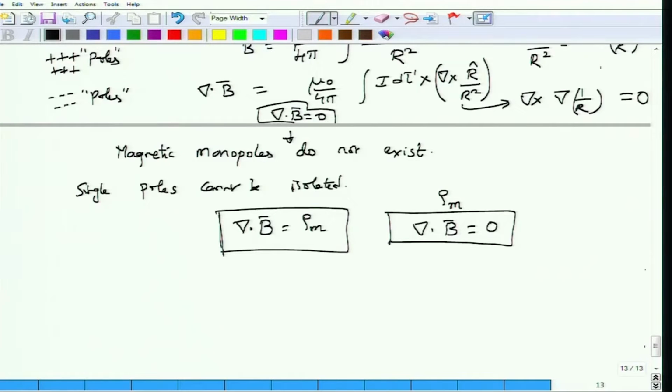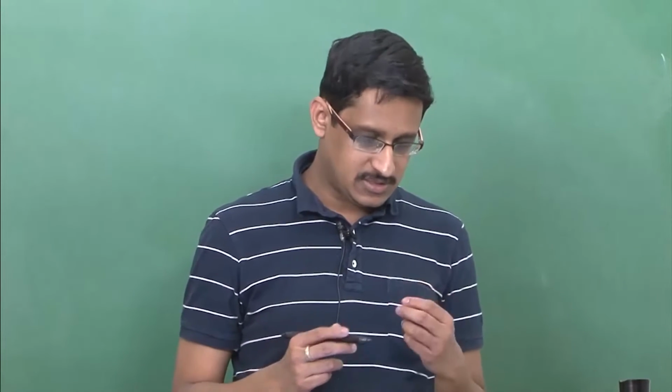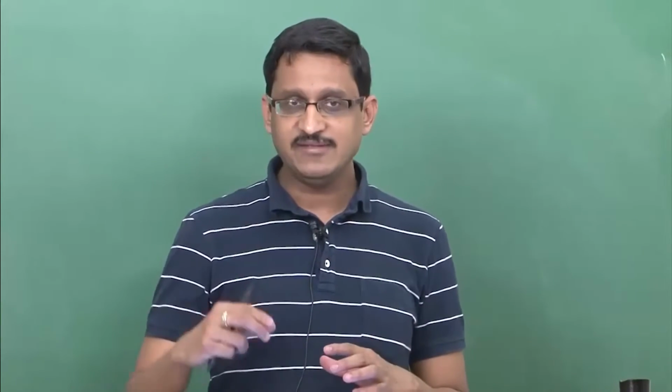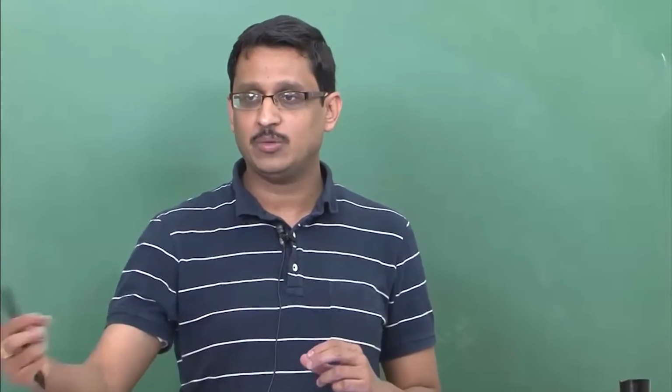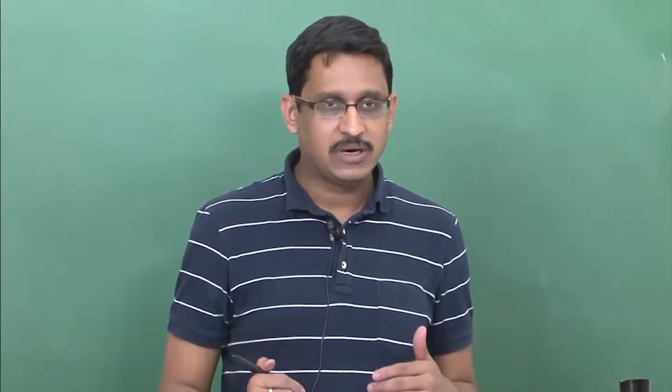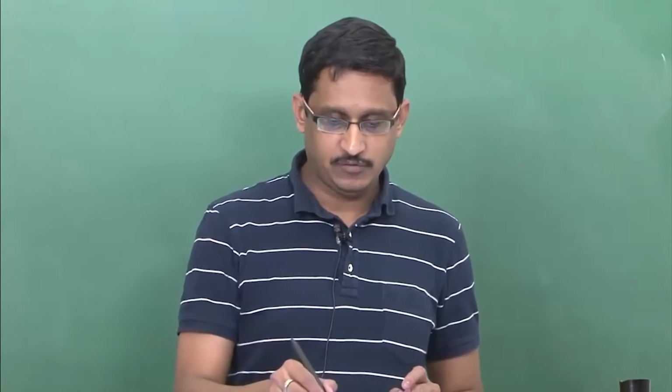As a mathematical tool, sometimes it is advantageous to include this magnetic charge. In some of the literature you would find people using this magnetic charge because it simplifies the calculation, and then setting this quantity rho m equal to 0 after the calculation. You can do that, but we will not be doing any of that.